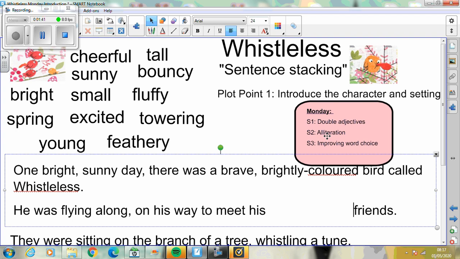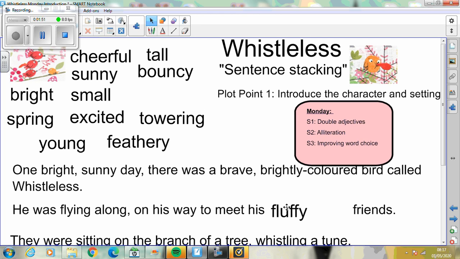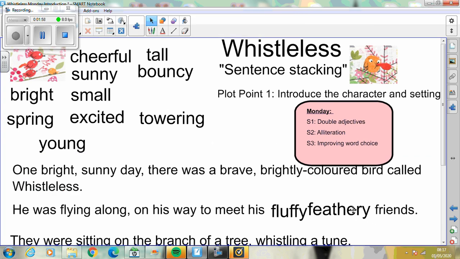And because I want to use alliteration, I am going to use fluffy, and feathery. There we go. He was flying along, comma, on his way to meet his fluffy, feathery friends. And that is alliteration because we've got f, f, and f.